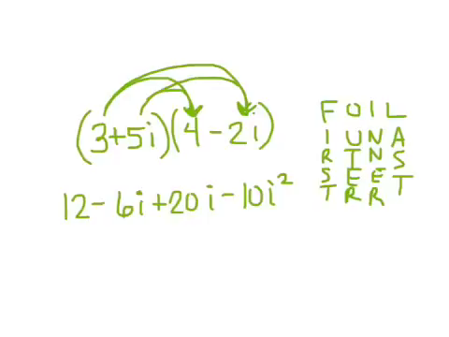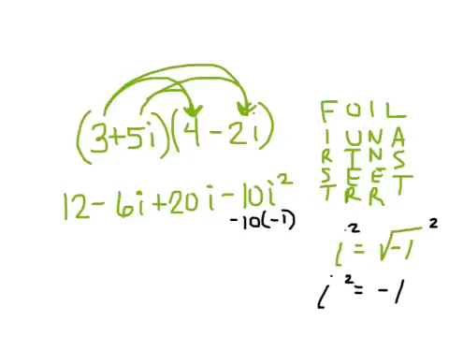Now, I gave you a few minutes ago that i is equal to the square root of -1. If I square both sides, I end up with i squared equals, well, when you square root a square or vice versa, you get the inside material. So this here is really saying -10 times -1. And two negatives, when you multiply them, give me a positive. So I end up with 12 minus 6i plus 20i plus 10.